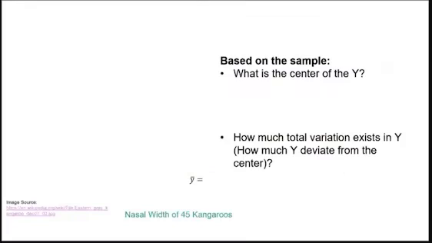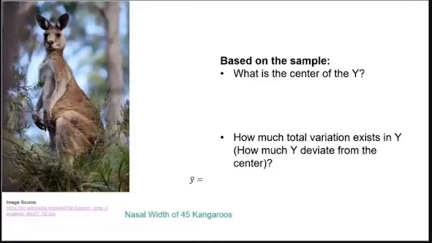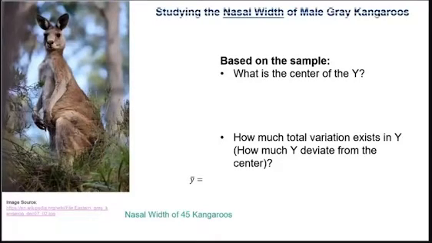Now, I'm going to start with a very good example. We want to study the NASA weight of male kangaroos. This is the animal that I'm talking about, because I want to talk about the weight of kangaroos.